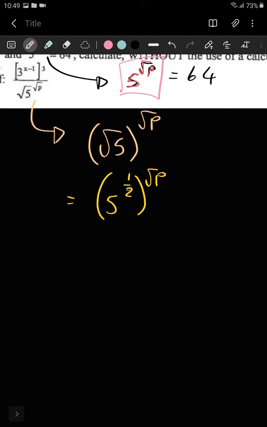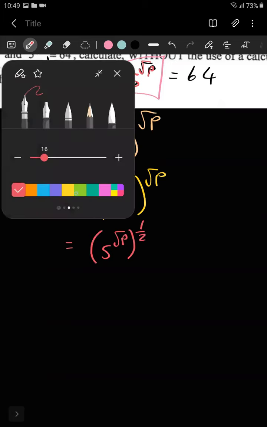To do that, our exponential laws tell us that we can swap these.